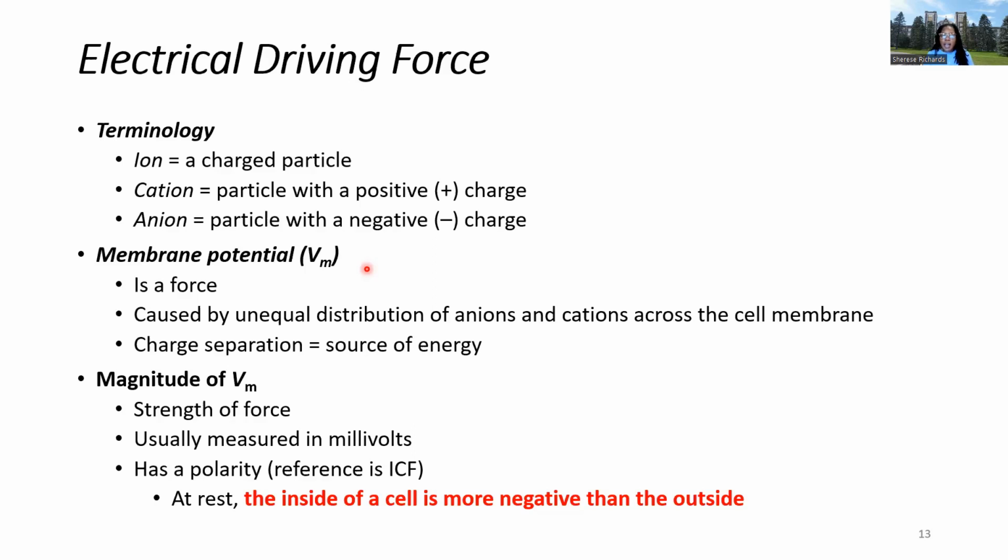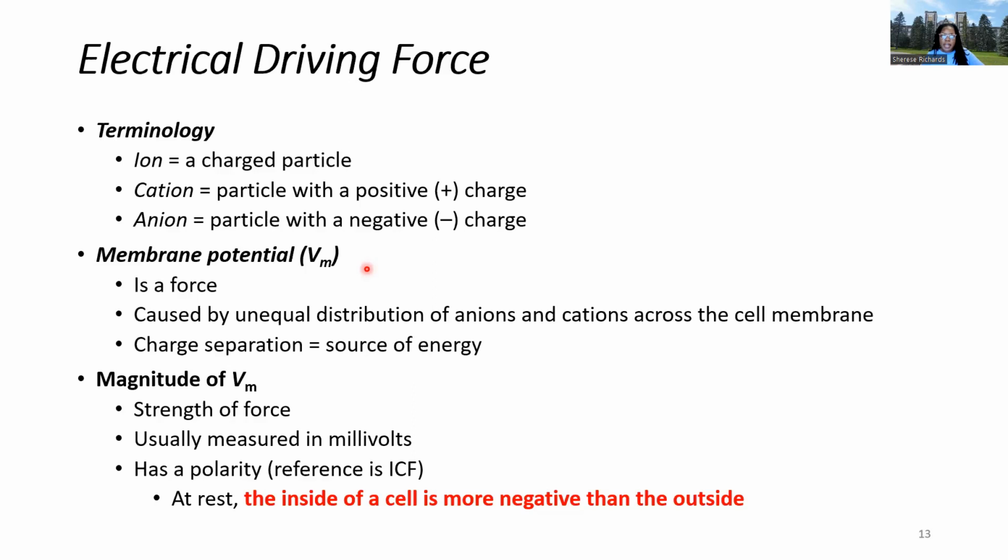Because we have more sodium on the outside and more potassium on the inside, also because of our cell membrane, right? Remember, our cell membrane separates these two fluid compartments such that we can have a different distribution of ions on the extracellular fluid and a different distribution of ions on the intracellular fluid.